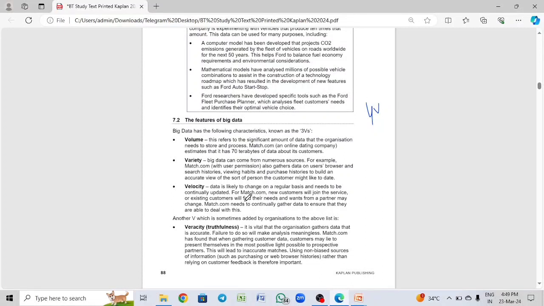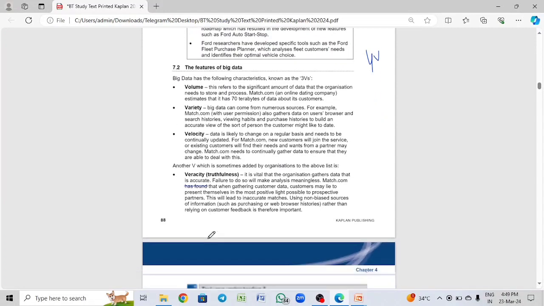Velocity is the change that is happening in the information, the updating of data. And veracity is the accuracy of information in big data, right?